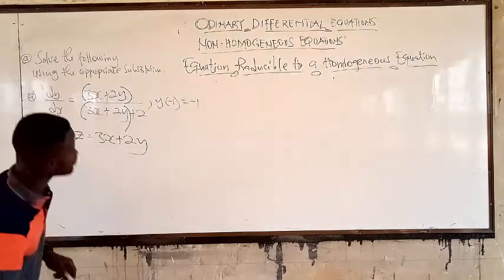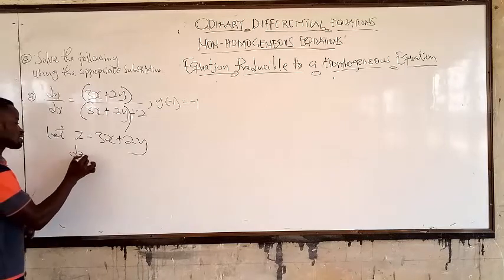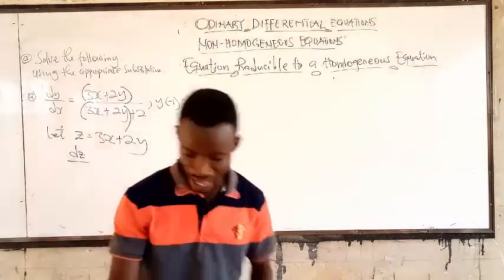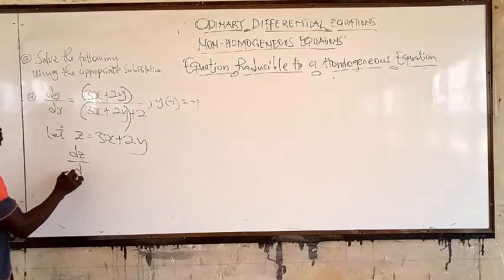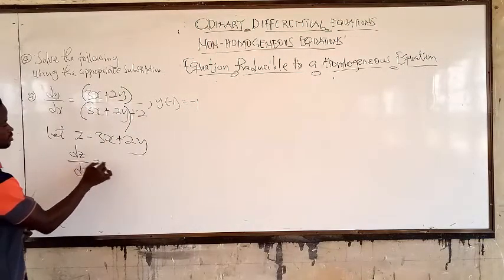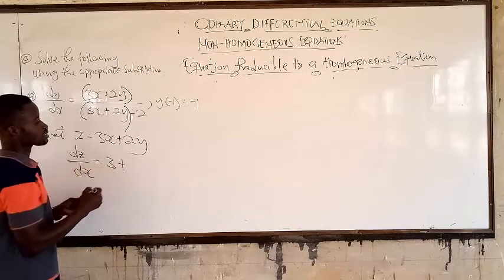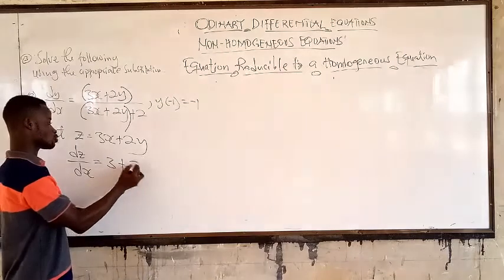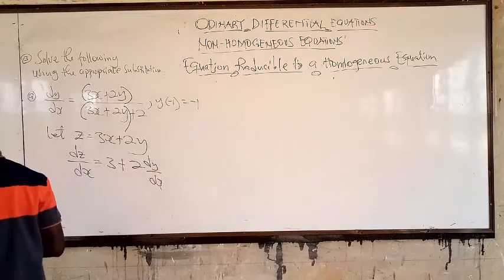So right after setting z to be equal to this, we take the derivative of z with respect to x. When you take the derivative of this, you get 3 plus the derivative of this, which is implicit, so 2 dy/dx. Alright.